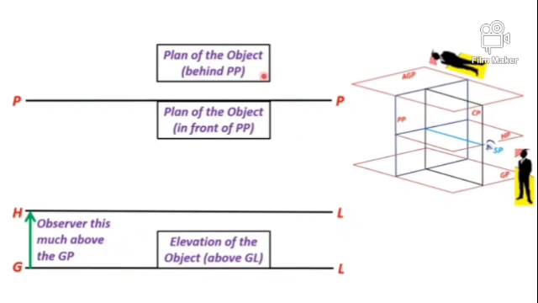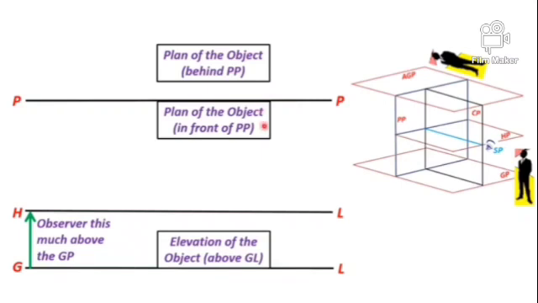And in top view, again we can see the plan of the object, or top view of the object. The object may be placed behind PP. If it is behind PP, the plan of the object is above the PP line, or if the object is placed in front of PP, the plan of the object will be below the PP line.